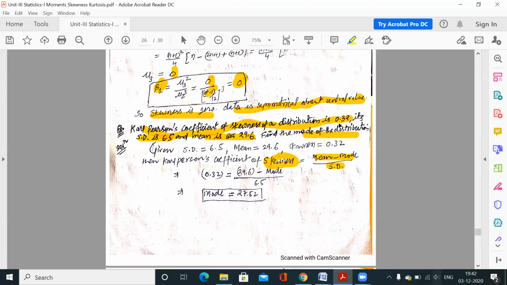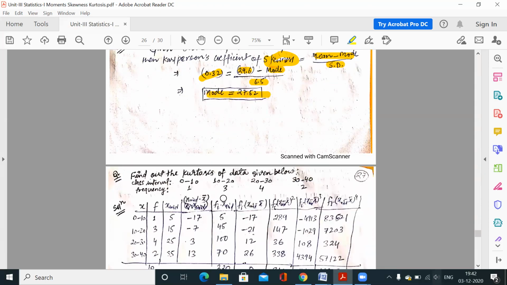The skewness is 0.32, the mean is 29.6, the mode we have to identify, and the standard deviation is 6.5. So everything is given to us. We directly substitute all the values, nothing more to calculate. After simplifying this, you will get your mode.